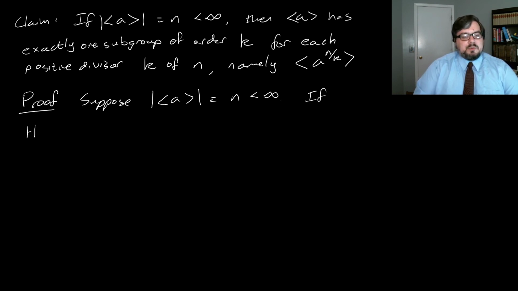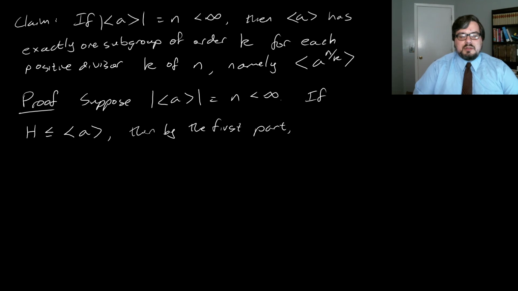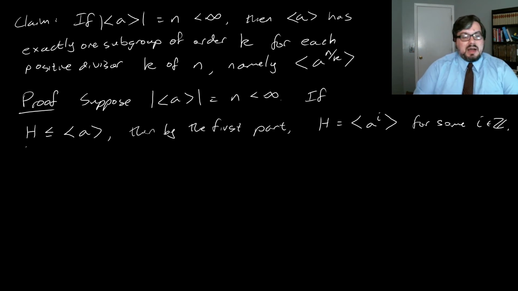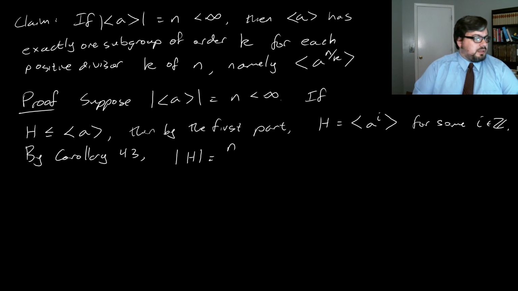Now, if we have some subgroup H of the cyclic group generated by a, then by the first part of the theorem, H has to be the cyclic subgroup generated by a to the i for some i in Z, because every subgroup of a cyclic group is cyclic.